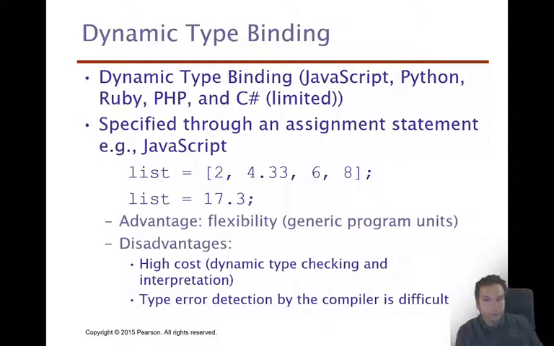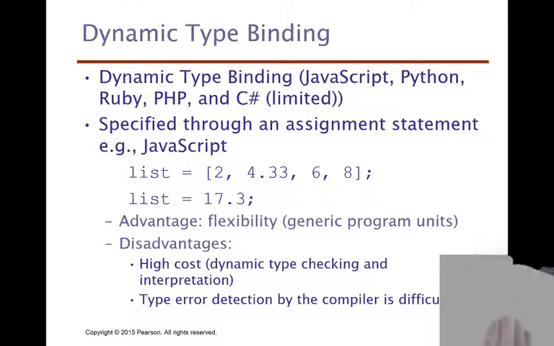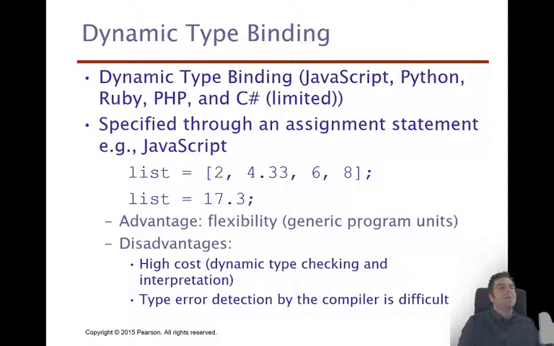Okay, so the keyword dynamic in C# in front of a variable name will cause a variable to be dynamic, right? So you would say dynamic x equals 3. So it's there.